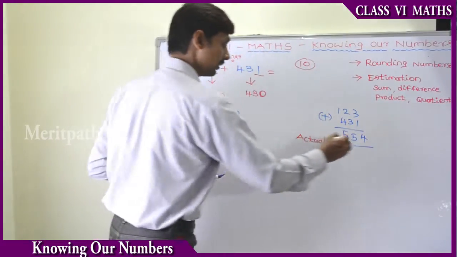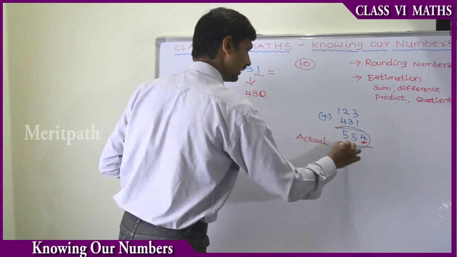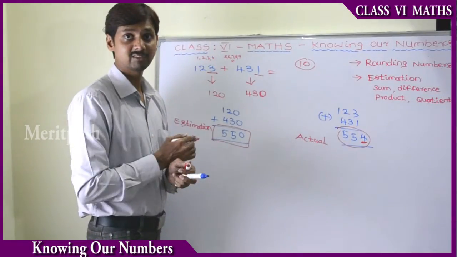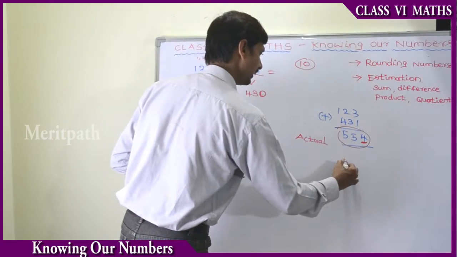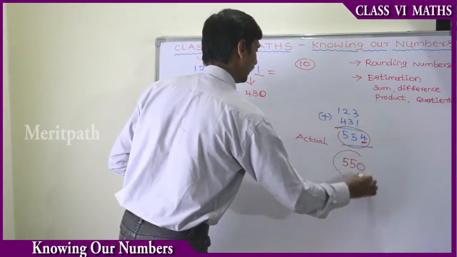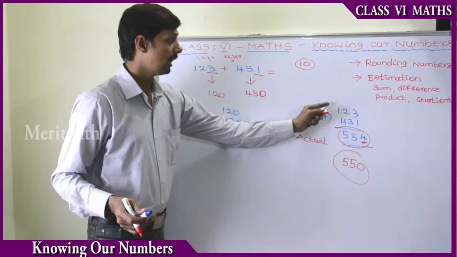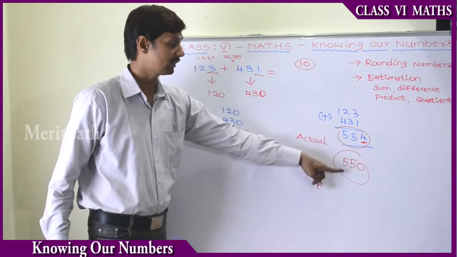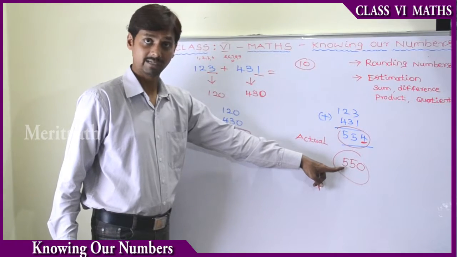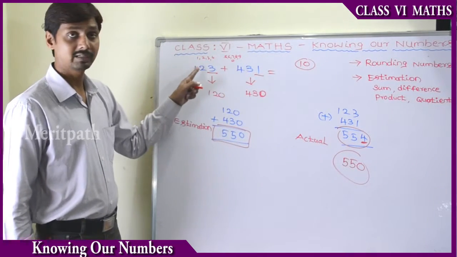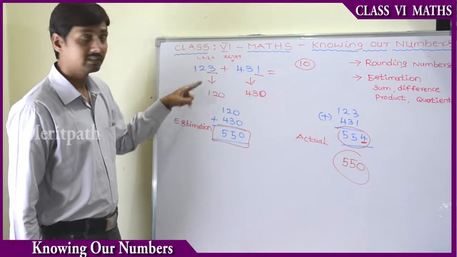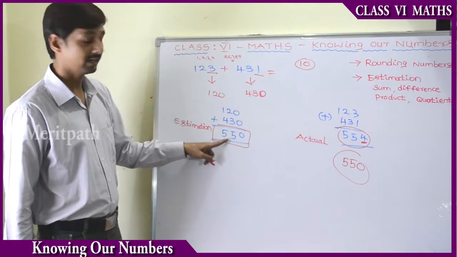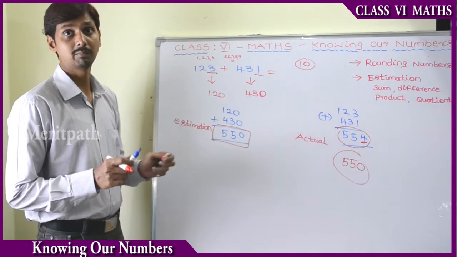When we round this number to the tens place, we know that 4 is nearest to 0, so we'll be getting 550. After actual addition and rounding, we got 550, and by estimating after rounding the numbers we also got 550. So both are balanced.